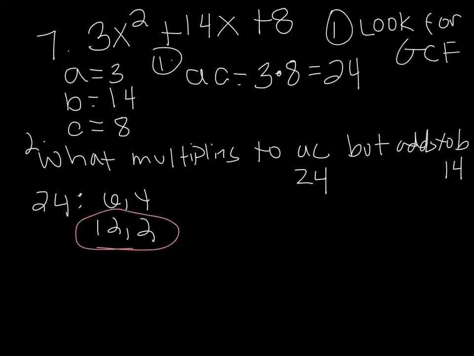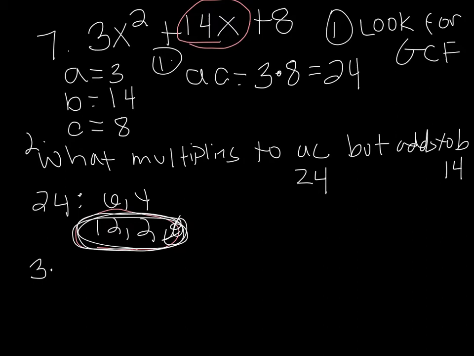Okay, so now step 3 in all of this is to rewrite our problem. The way that I rewrite it is I'm going to take this 12 and this 2, and I'm going to change my middle term and use the 12 and the 2.